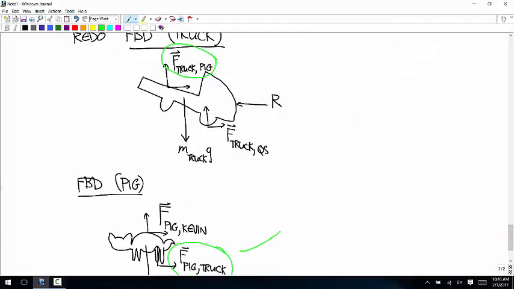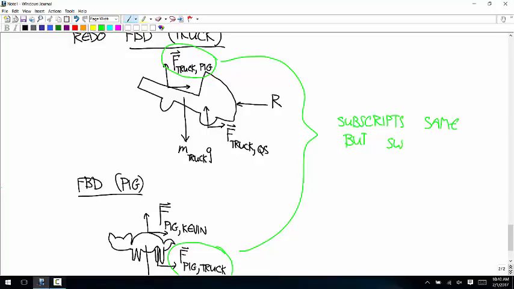And in these cases where the subscripts are the same but switched, that's the type of force where Newton's third law applies.